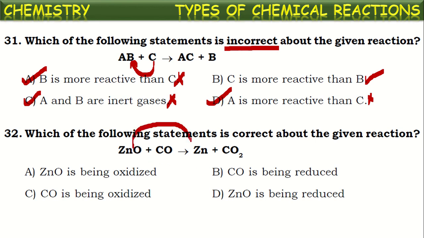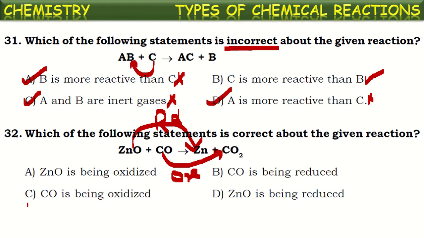Loss of oxygen is called reduction. We can say zinc oxide is reduced. In other way, if you see carbon monoxide, it is gaining oxygen and converting into carbon dioxide. So this gain of oxygen is called oxidation. We can say carbon monoxide is oxidized, zinc oxide is reduced.